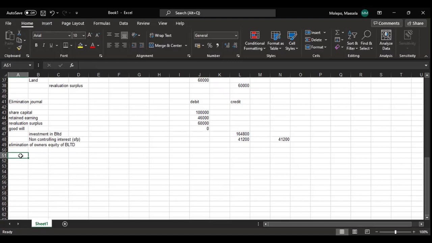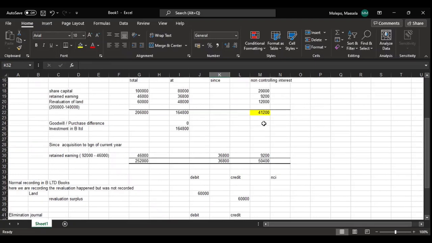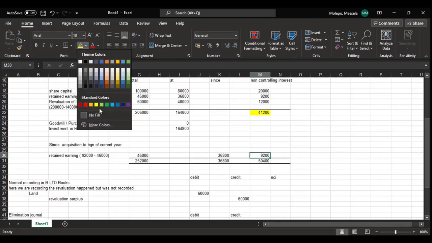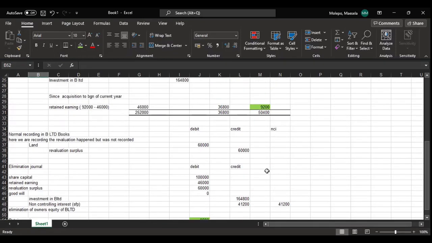So normally the retained earnings increase on the credit side, but because we are eliminating it, we'll put it on the debit side. From the outsider, the retained earnings that we have to debit is 9.2, which is this one. The contra account for it will be what?